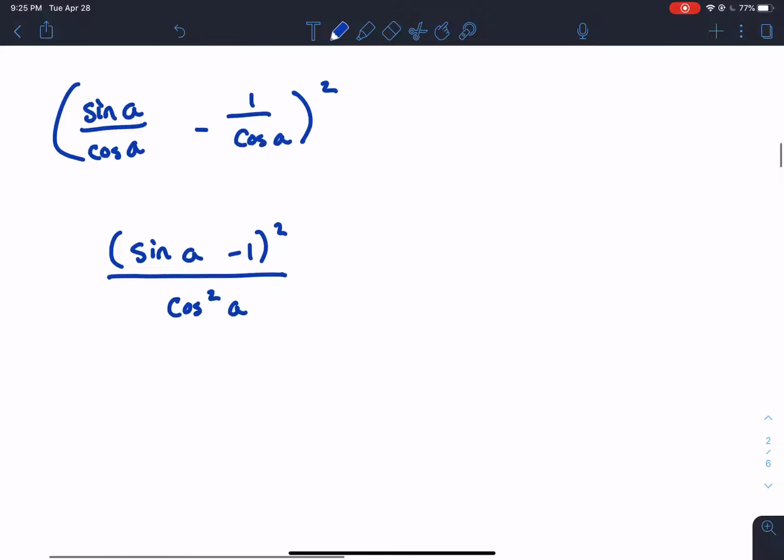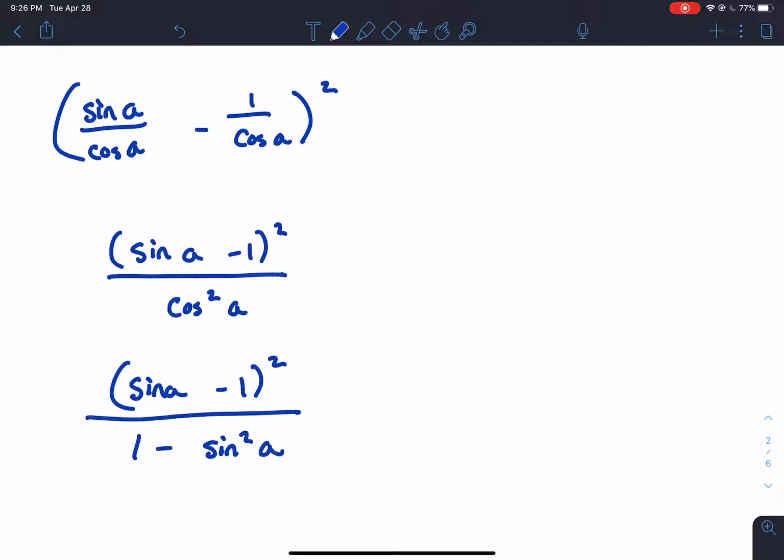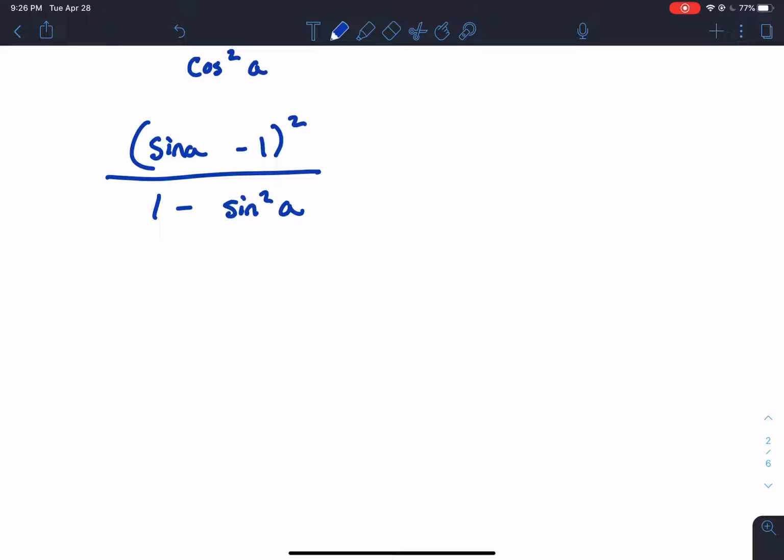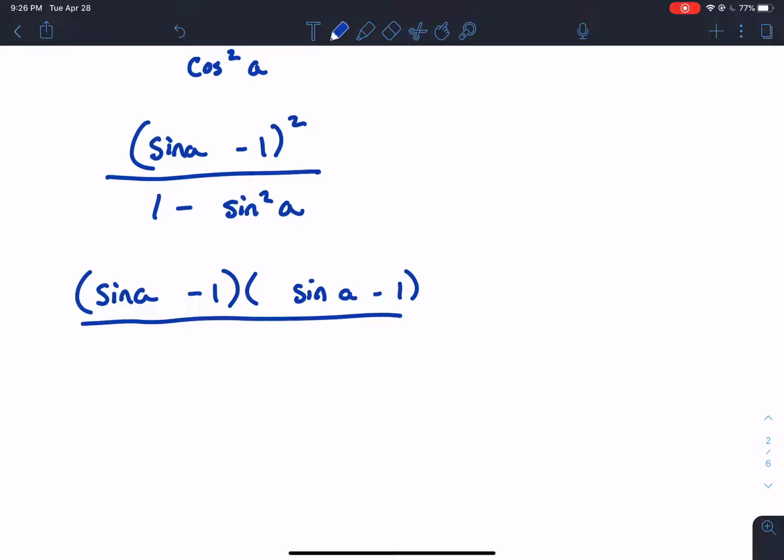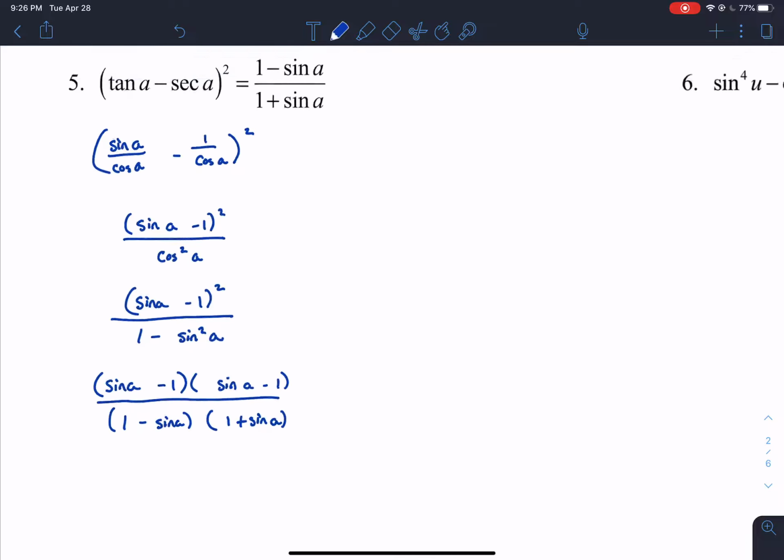Now, what is cosine squared the same thing as? That's the same thing as 1 minus sine squared. So you have sine of A minus 1 squared over 1 minus sine squared of A. Now, if you expand the top and the bottom out, you're going to be left with sine of A minus 1, sine of A minus 1 over 1 minus sine of A, 1 plus sine of A. Now look at what you need on the other side.